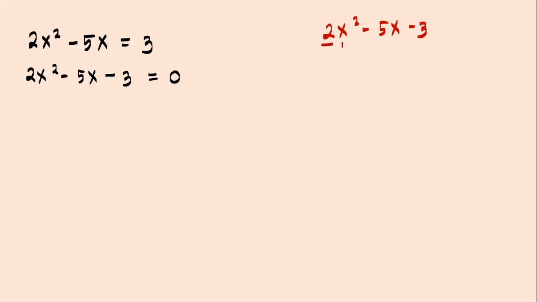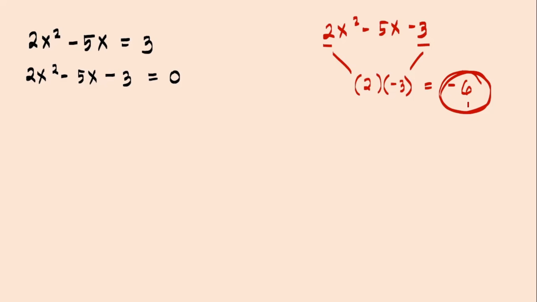Multiply yung leading coefficient at yung last term or yung constant. So 2 multiplied by negative 3. Again, 2 multiplied by negative 3, that is equal to negative 6. Okay, so ngayon naman, hahanap ka ng dalawang number or yung factors ni negative 6 na kapag pinag-add, ang sagot ay negative 5.